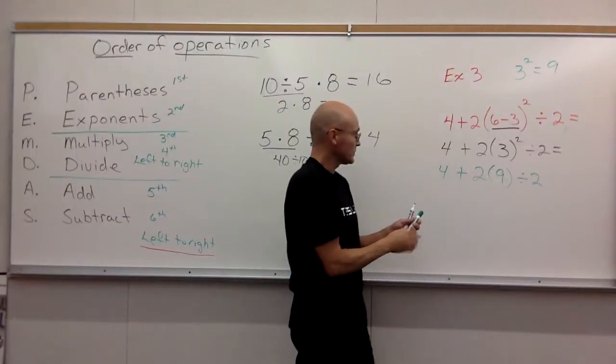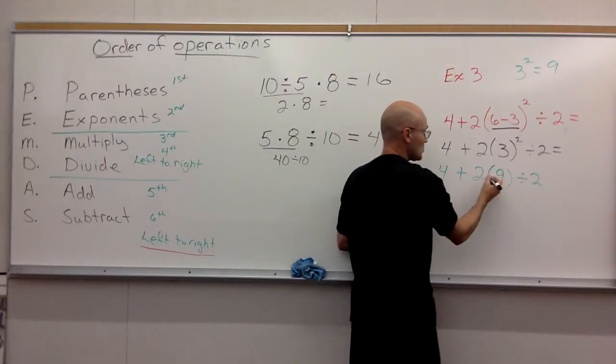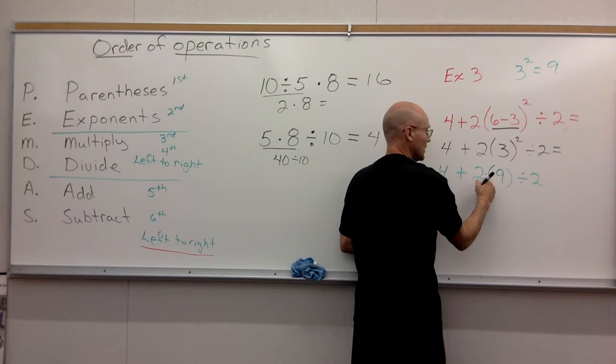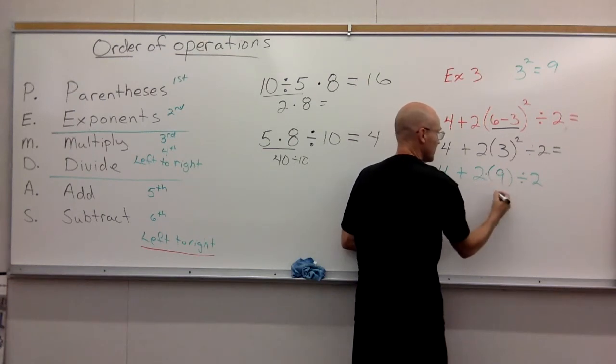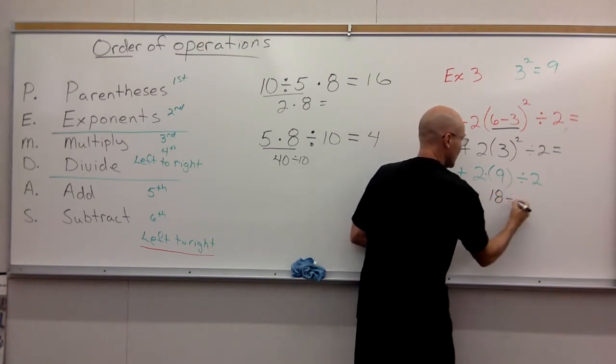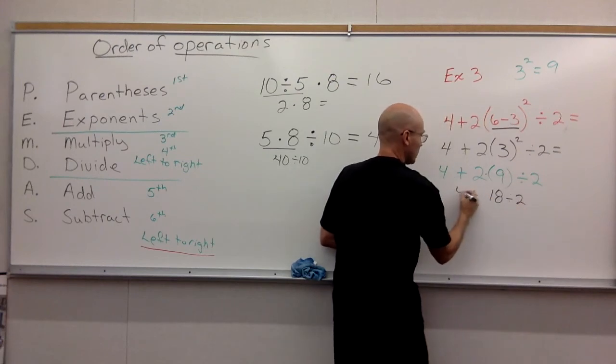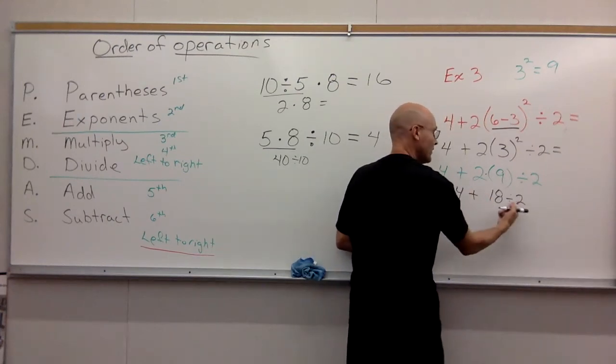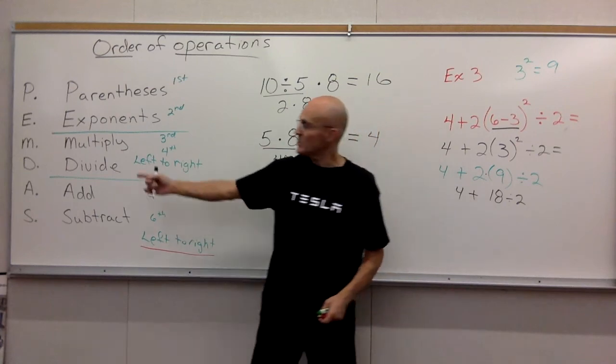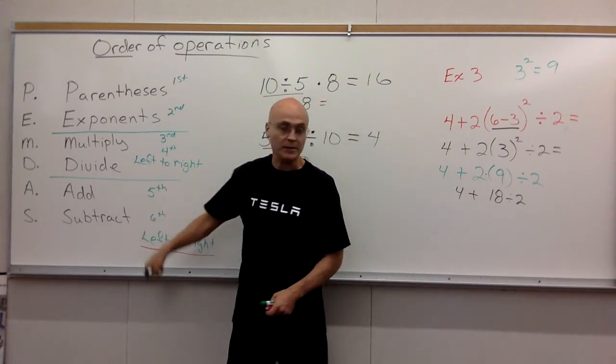Now we need to take care of multiply and divide, and we have both of them. We have multiply and we have divide. But it's not going to make it different because Mr. Gomes accidentally put 2 here. But we're going to keep going and go ahead and, which one's on the left? Multiply is on the left. So 2 times 9, which is 18, divided by 2 plus 4. And now we got to divide first, because divide is more important than add or subtract.